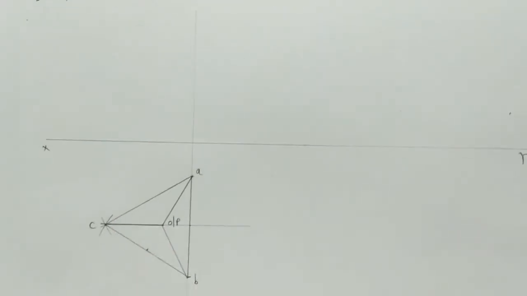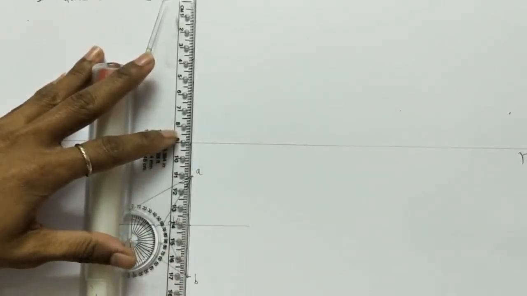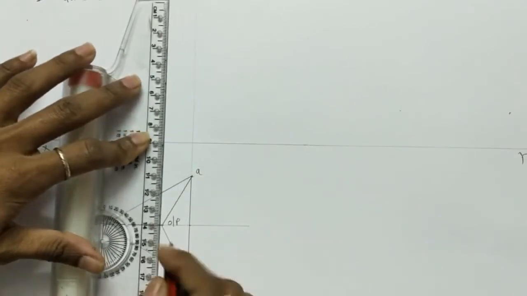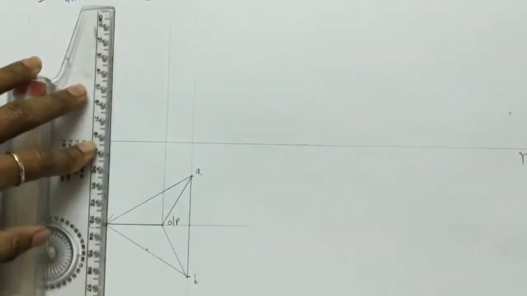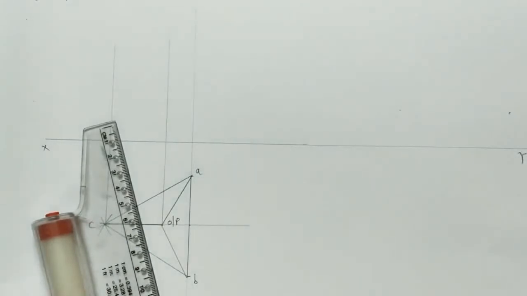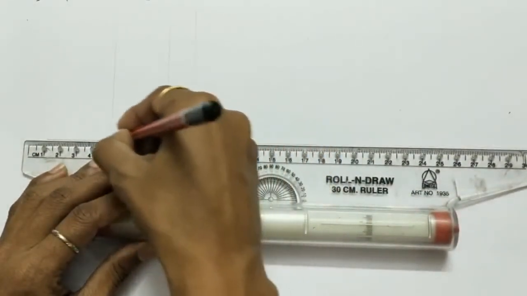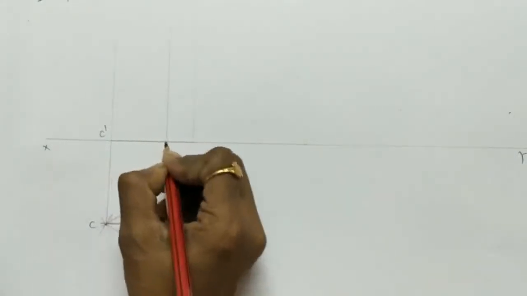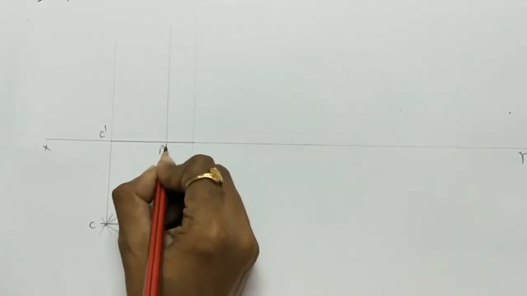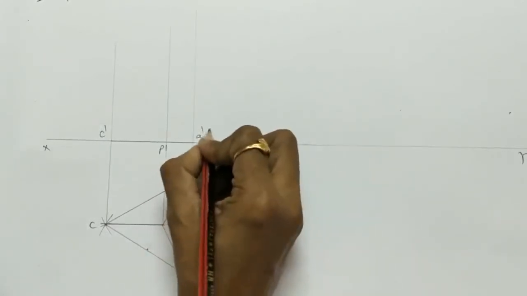Now take projections vertically, and draw this base line which is on the XY line and give names C dash, A dash, B dash.